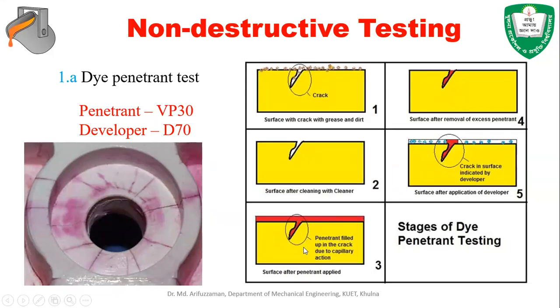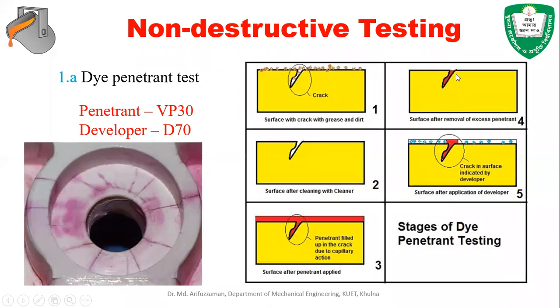Because of the capillary action, the penetrant flows into the crack, and once the penetrant has penetrated into the surface cracks, the extra penetrant has to be removed from the surface. Once you clean all the extra material from the surface, you still won't be able to visualize the location of the crack.